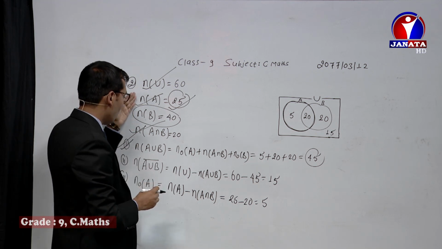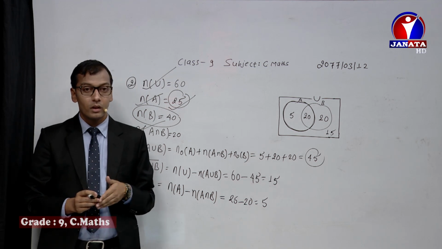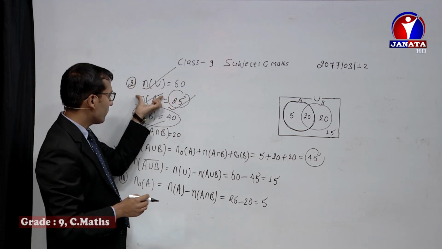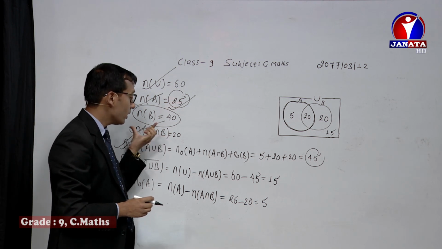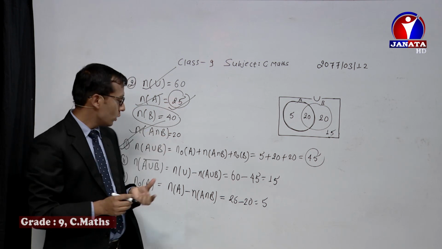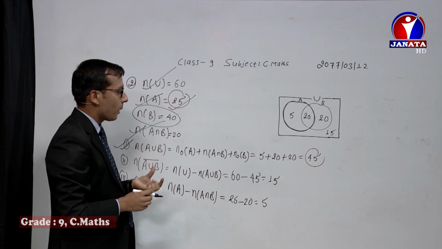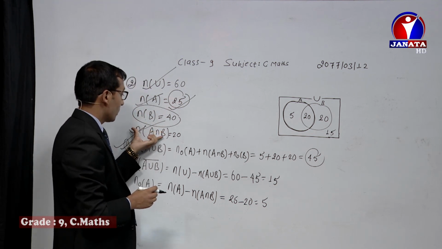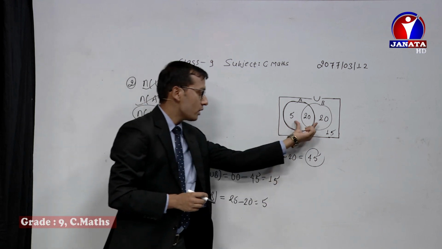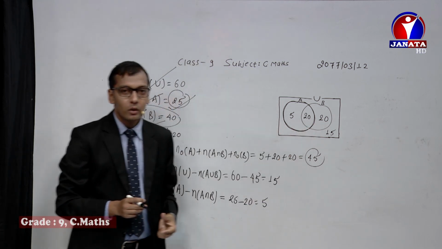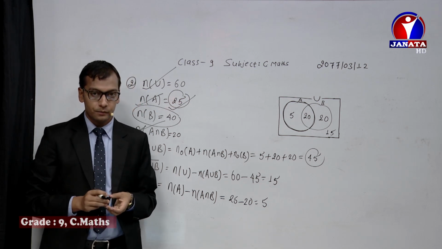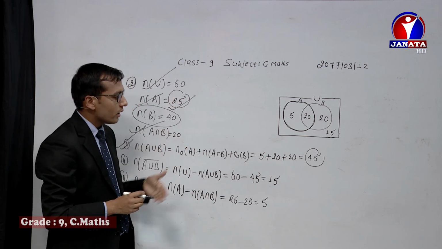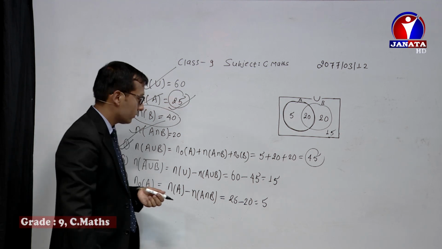Here all the information is known: n of U, n of A, n of B, and n of A intersection B. So with the help of this information, first of all, we represented a Venn diagram. We inserted all the numbers in the Venn diagram, and I also tried to use the formula. So we can do this in two different ways.